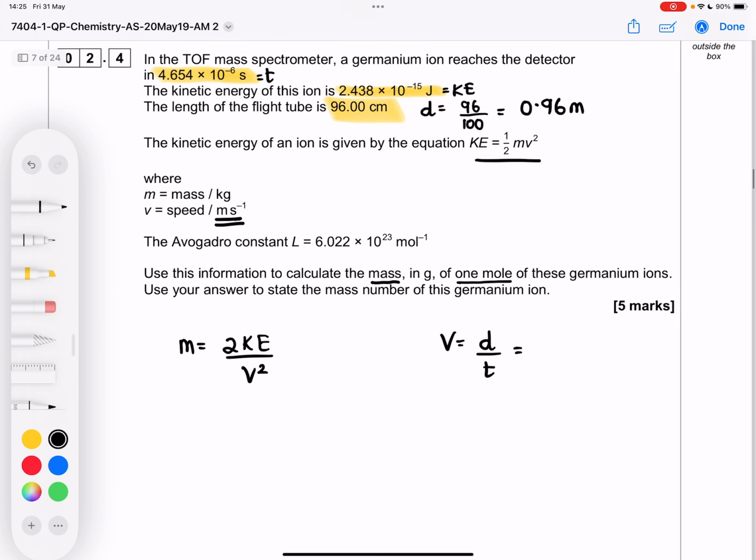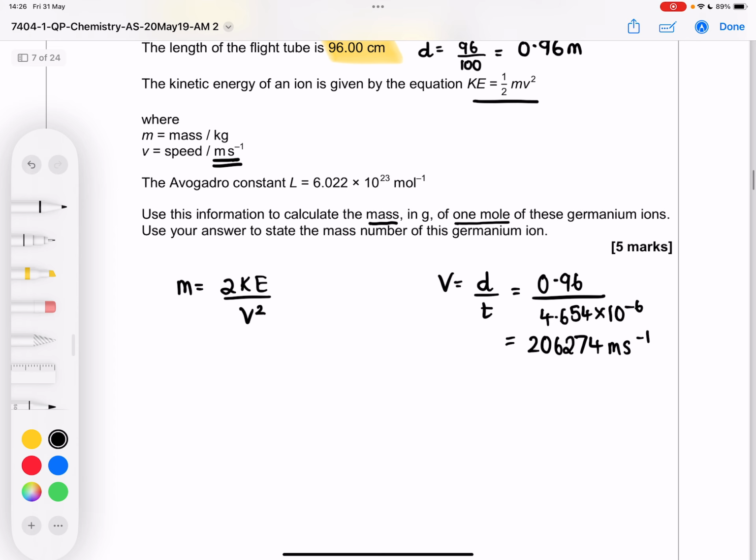So then we can use our distance, 0.96 metres, divide by our time. Type that in your calculator. You can get this number. It's quite a big number, quite fast. Metres per second.